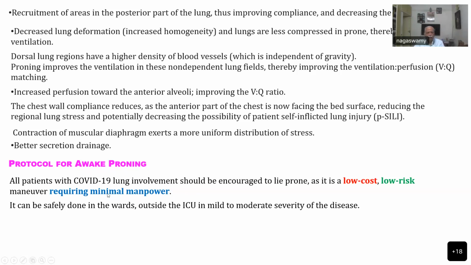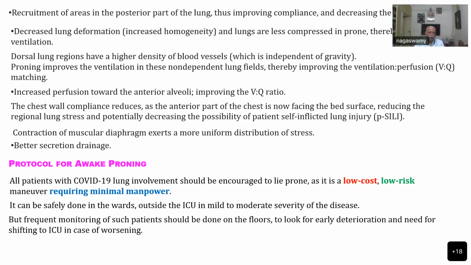All those problems are not there in this particular proning. Because the patient is awake, you can take care of all the IV lines, monitor leads, everything, with the patient himself slowly turning on his tummy.